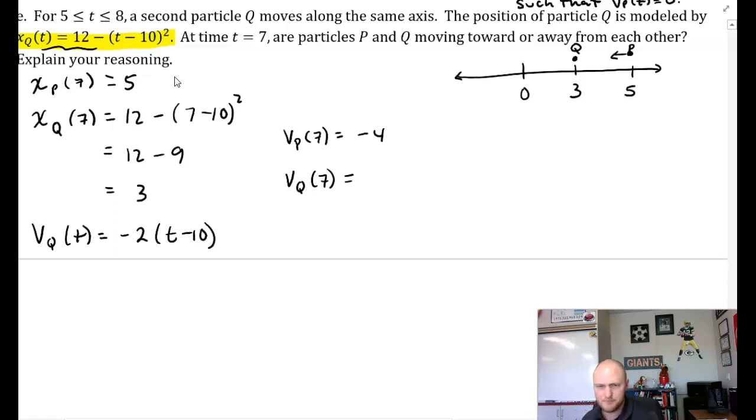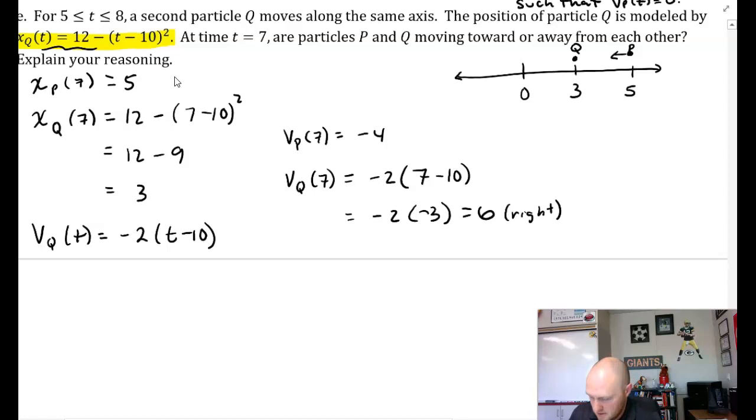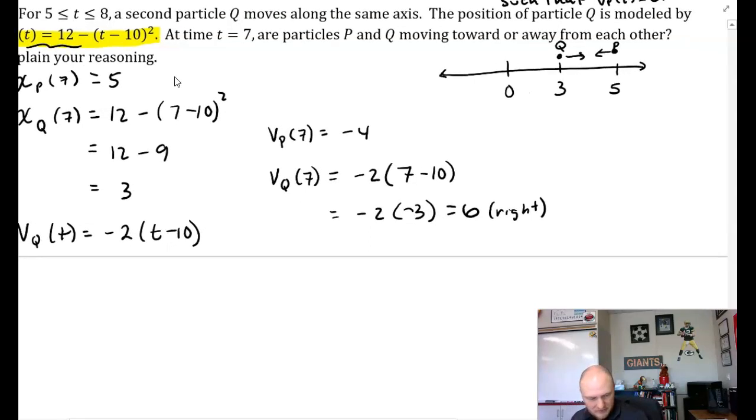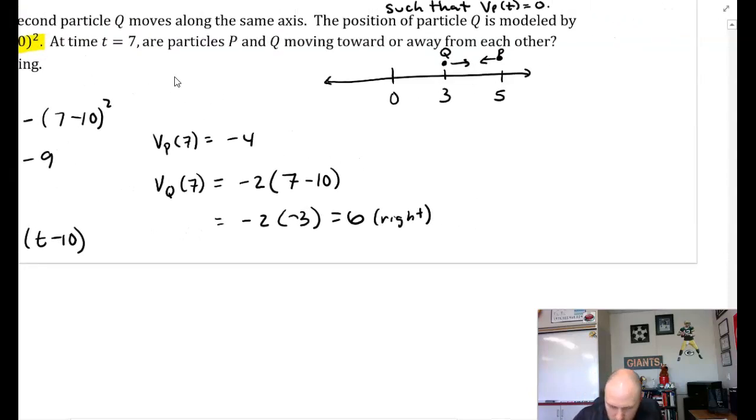There's the velocity. Okay, and I'm going to calculate now at 7. So -2 times 7 minus 10, which gives us -2 times -3, which is 6. Okay, so that means right. It's moving right. Okay, so q is moving right. And ta-da! There we go. It is moving right.